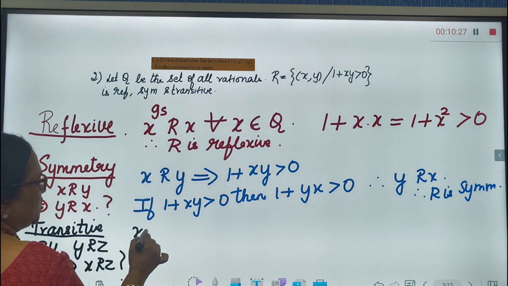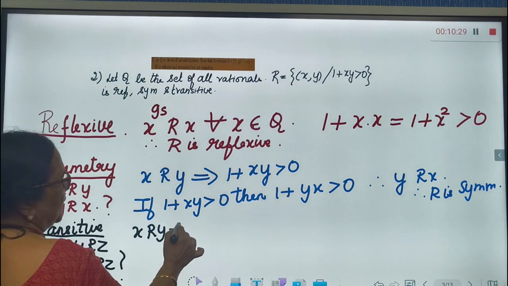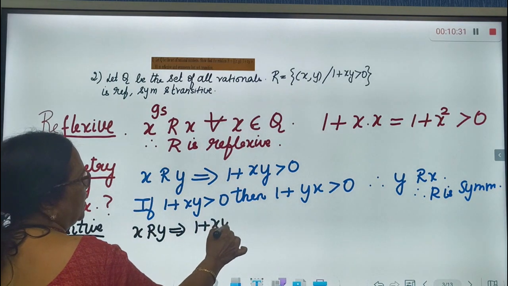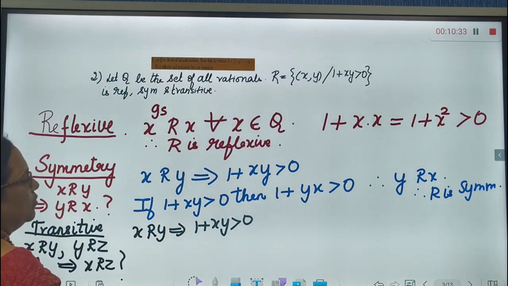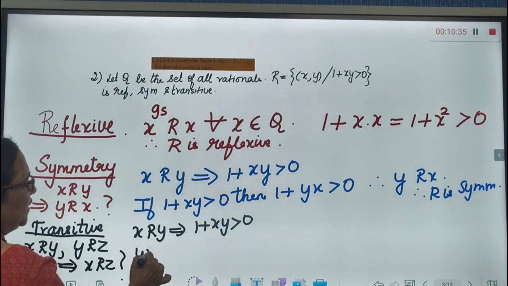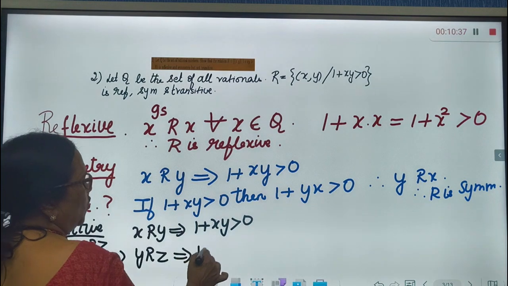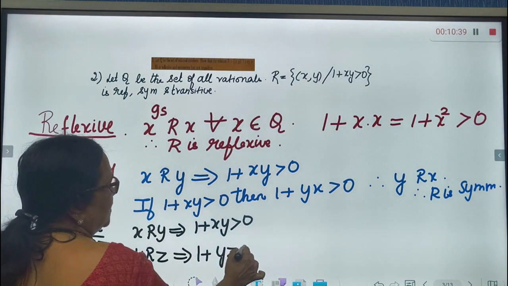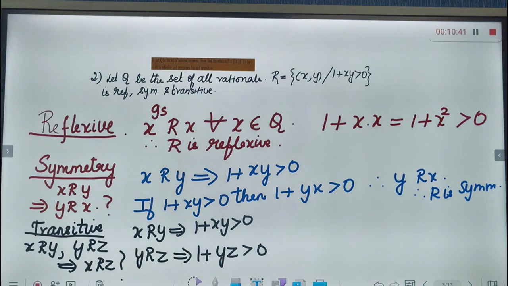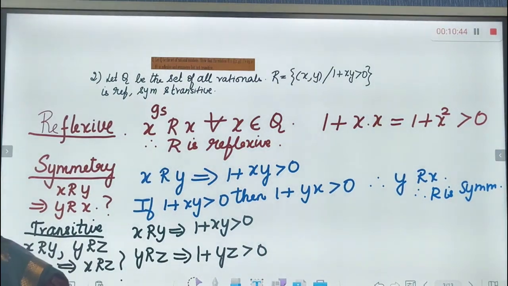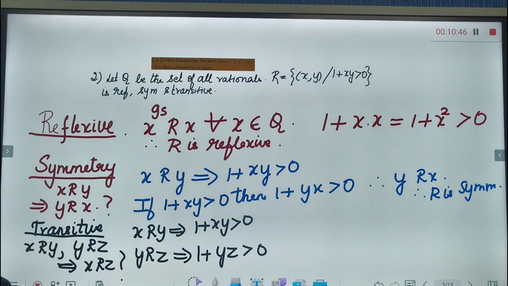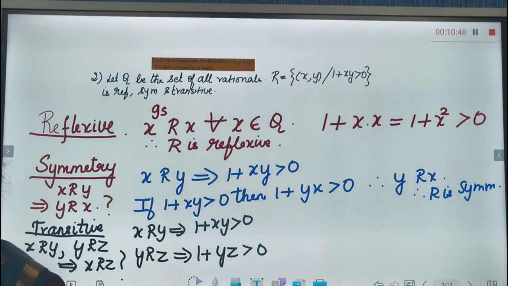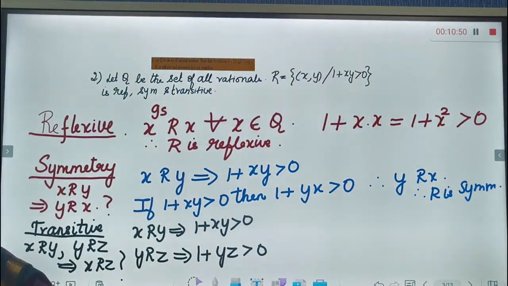Since x is related to y implies 1 plus xy is greater than 0, and y is related to z implies 1 plus yz is greater than 0, can you check from here whether 1 plus xz will always be greater than 0? Then you will have to work it out with some trial and error with some numbers.